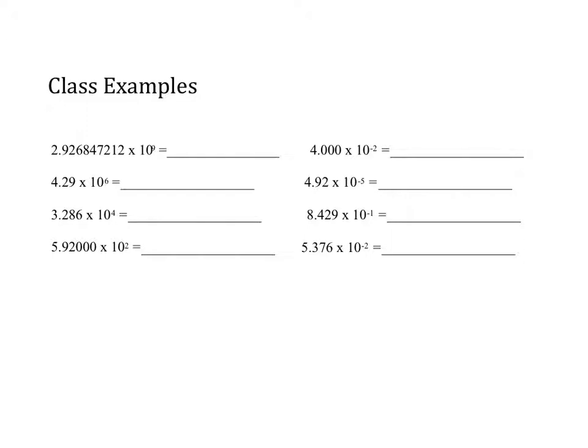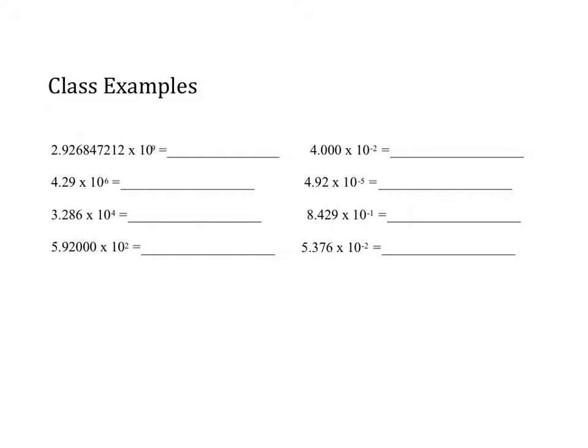So times 10 to the positive 9 means we're going to take that number, we're going to multiply it by 10 9 times. Well, you could do that on your calculator, times 10, enter, times 10, enter, times 10, do that 9 times. Or if you know the shortcut, multiplying by 10 means you're just moving your decimal to the right every single time you multiply by 10.